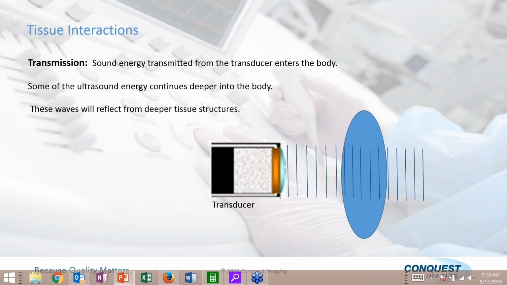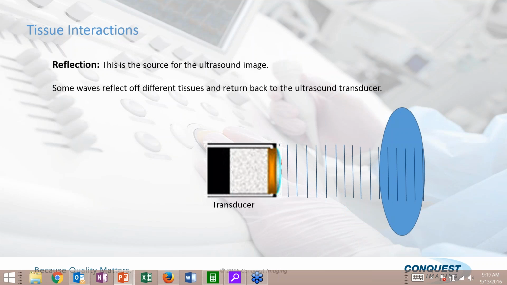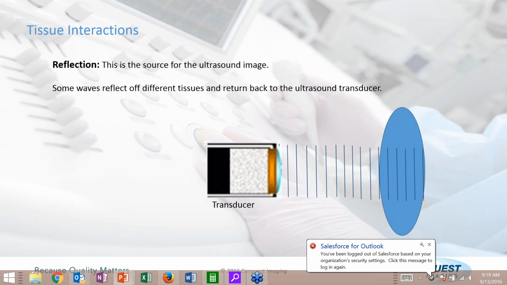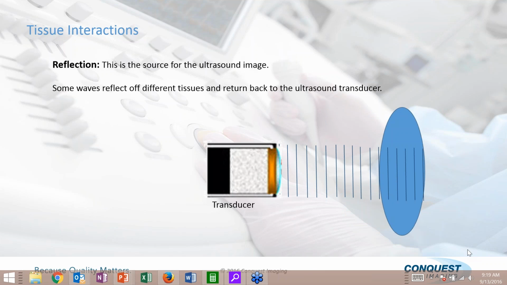We want to see what's at 1 millimeter and also what's at 24 centimeters. So transmission is critical. And then we have reflection. Again, reflection is critical as well. These sound beams have to be reflected back to the transducer to vibrate those crystals so the ultrasound system can look at the various intensities and assign shades of gray.